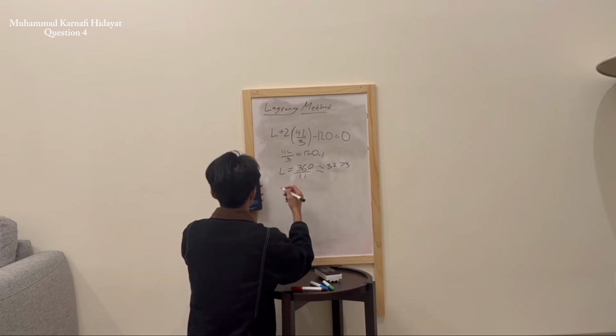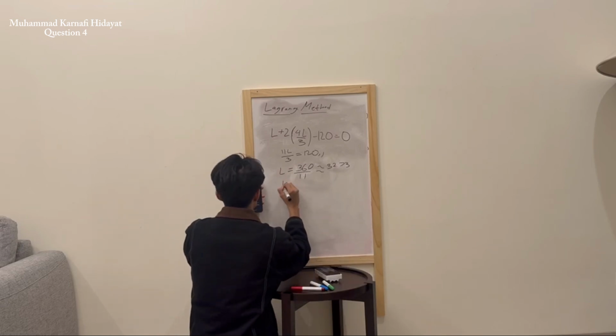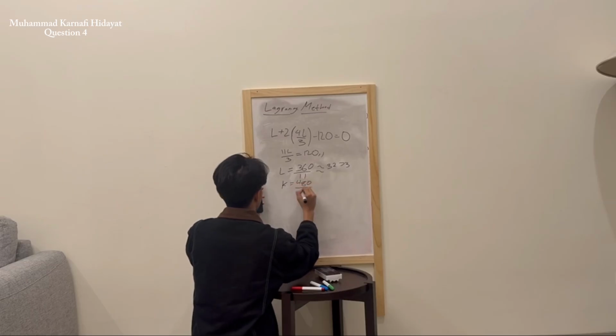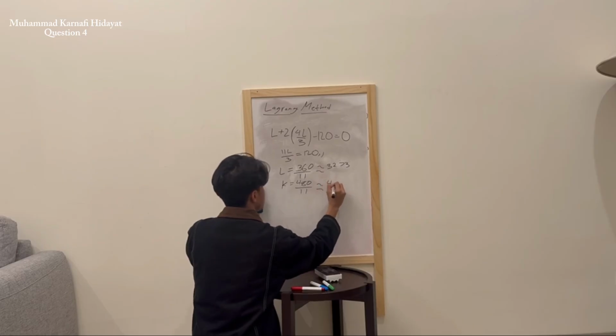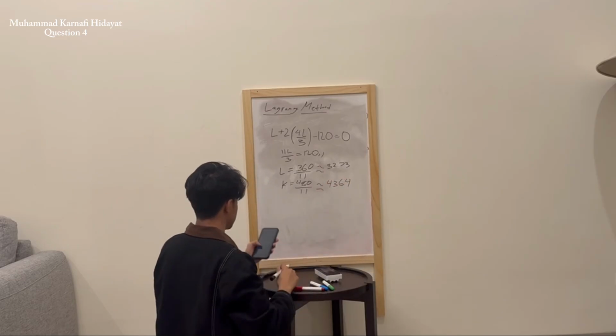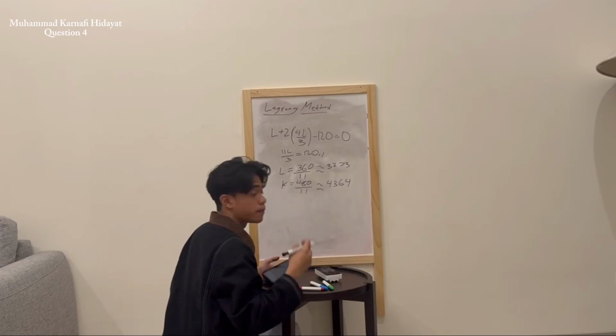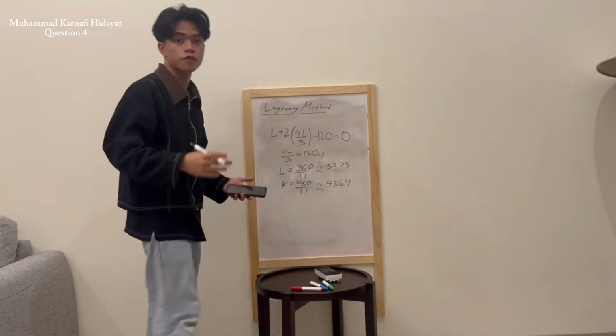Using the same ratio, K equals 480 over 11, which gives us approximately 43.64. Next, we move to the next part.